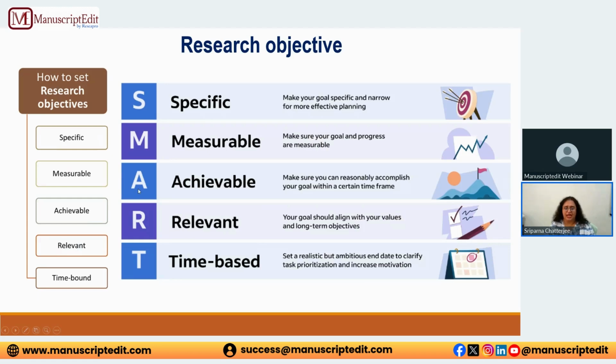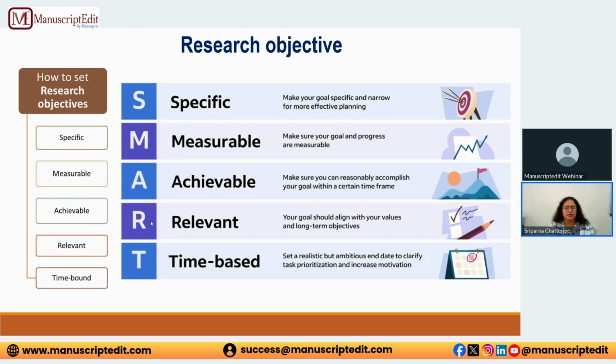A stands for achievable: you should be able to accomplish your goal within a certain time frame. R is of course relevant: your goal should align with your values and long-term objective. And then finally, T for time. Time is very, very crucial.